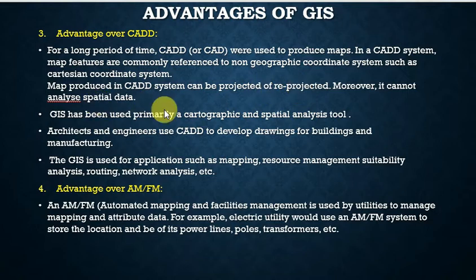GIS has been used primarily as a cartographic and spatial analysis tool. Architects and engineers use CAD to develop the drawings for buildings and manufacturing. The GIS is used for applications such as mapping, resource management, suitability analysis, routing, and network analysis, etc.